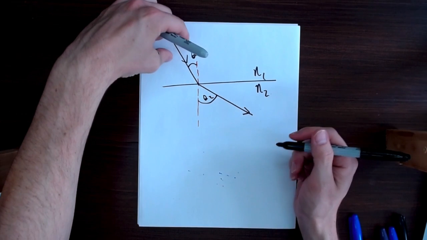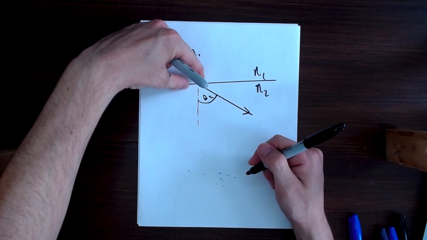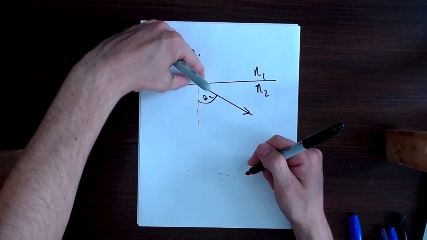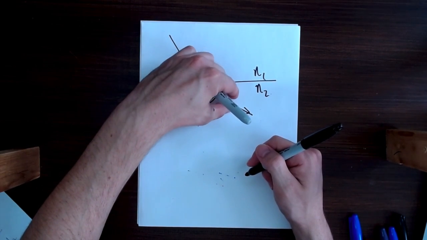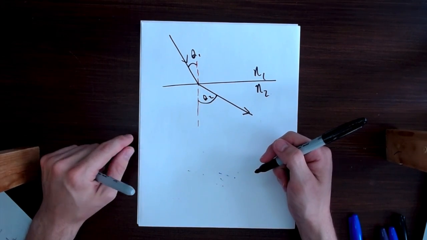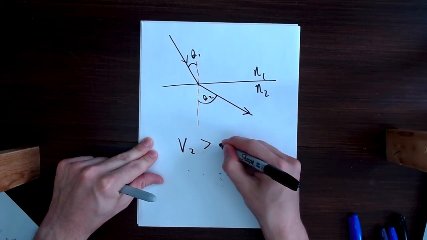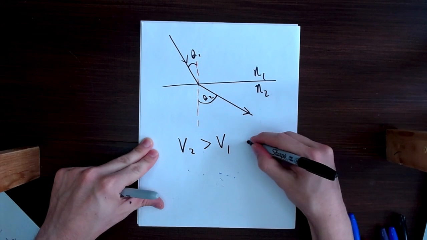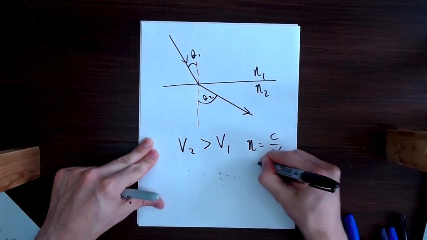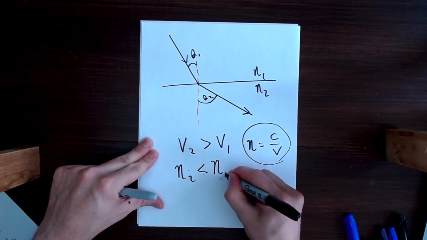Well, imagine the go-kart coming in like this, right? Well, this wheel, the one that's represented by my thumb, is going to go faster, so it's going to turn this way. It's bending away from the normal, unlike in the previous example, and so I can say that V2 is greater than V1, and therefore n being equal to c over v, n2 is less than n1.